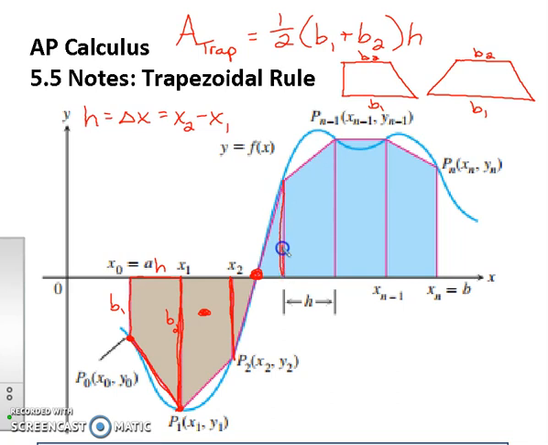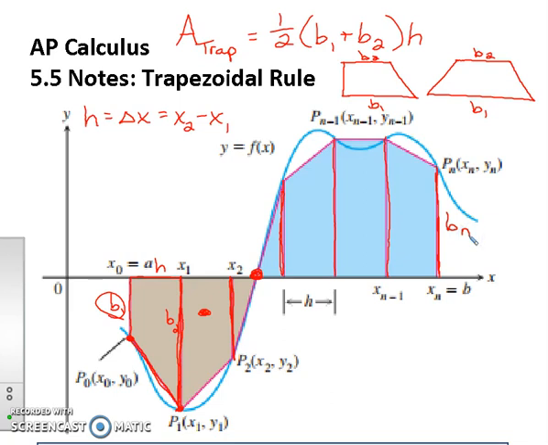This guy would be a base length in the interval to the left and the interval to the right of it. Same thing here. Same thing here. In fact, the only base lengths that only connect to one trapezoid are the very first one and the very last one. We'll call it B sub n.